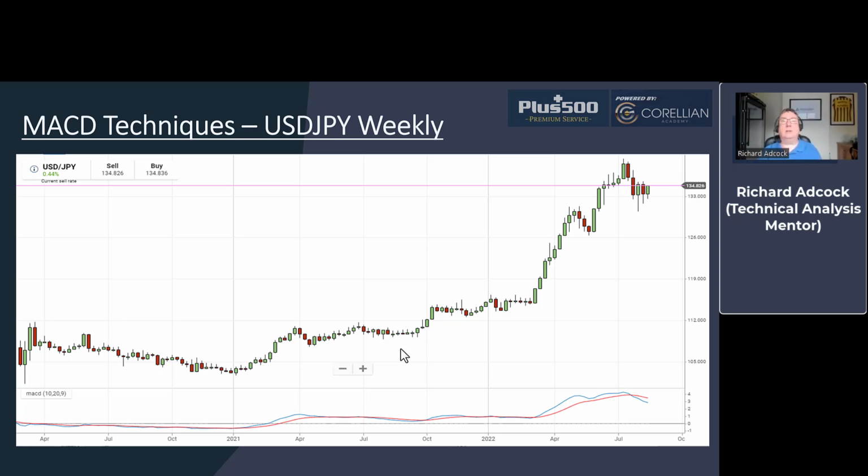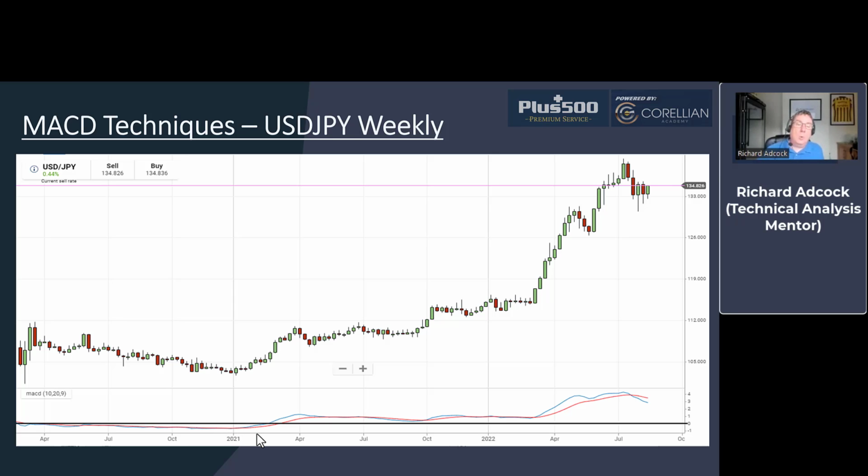Okay, so let's look at it on the dollar-yen chart, on a weekly chart, more or less up to date. And we can see that the MACD line below highlights the trending condition of the market. Now, the most important aspect that we look for in terms of changing directional trend is this 0 line, which we've highlighted with a slightly thicker trend line to highlight the turning points of the market.